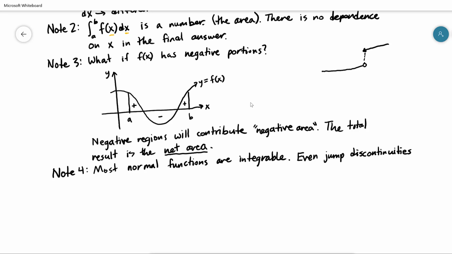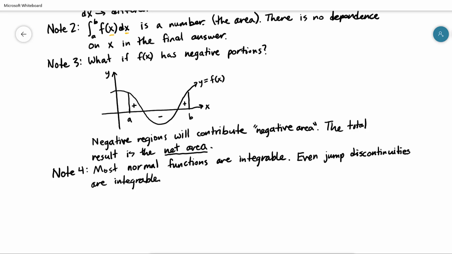That's allowed. That's not a problem. We can have that type of a shape. So even jump discontinuities are integrable. We can't compute the derivative at a jump, but we can still compute the integral through one of those.